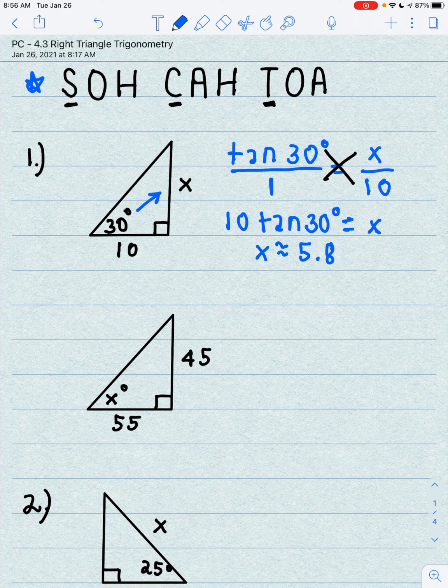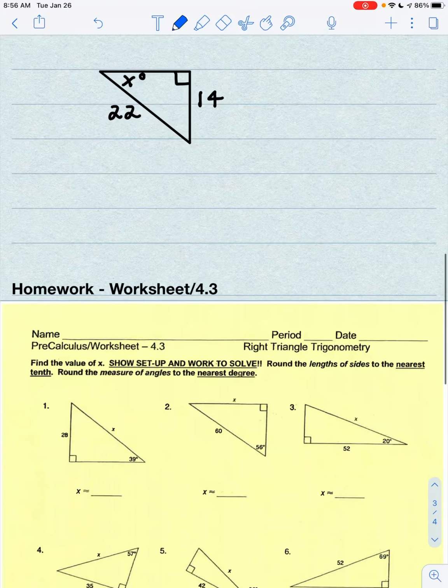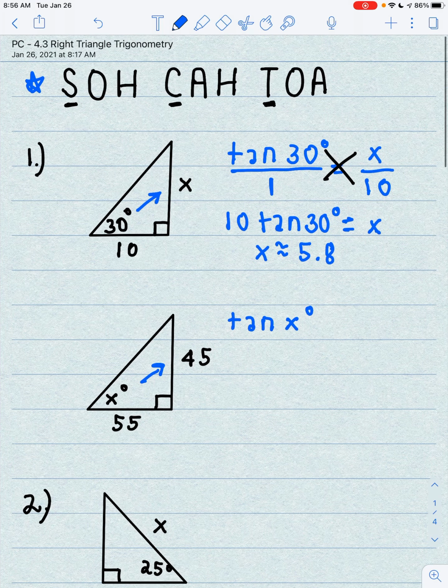So let's look at our second triangle. If you notice, our base angle here is X. Our opposite side is across from that angle, and that's 45, and our adjacent side is 55. So we're still using the tangent function, but this time we're going to have the tangent of X degrees equals opposite, which is 45, over adjacent, which is 55.